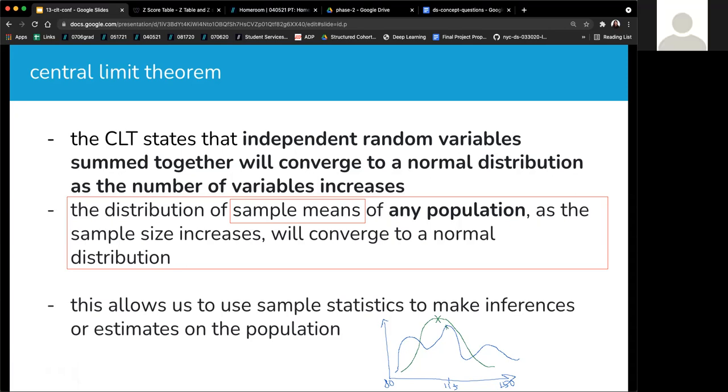Yeah, just to clarify, when you say any population, any sample size, you could sample 10 people and then do another sample of 80 people. Is that accurate to say? Yeah, in terms of formal definition, I don't remember if you can have different sample sizes.